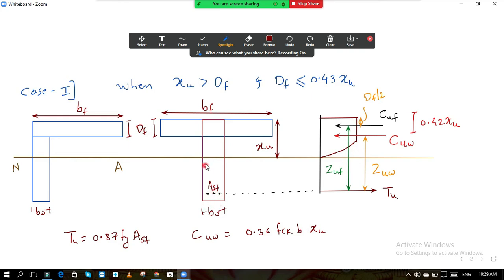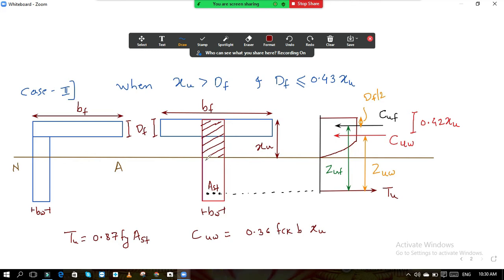You can see this much is the area for this CU force. So how much is this area? We will always say that the compressive force is always above the neutral axis, so we should consider the area above the neutral axis. In the case of this CUW, this much is the area above the neutral axis.